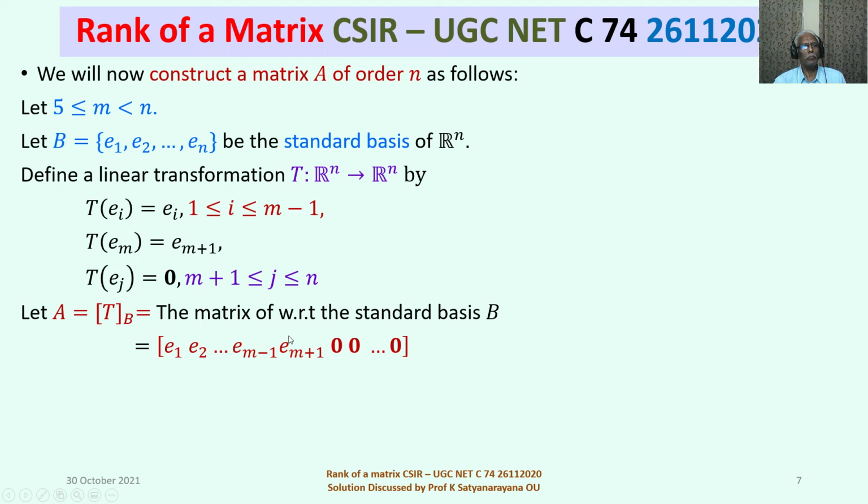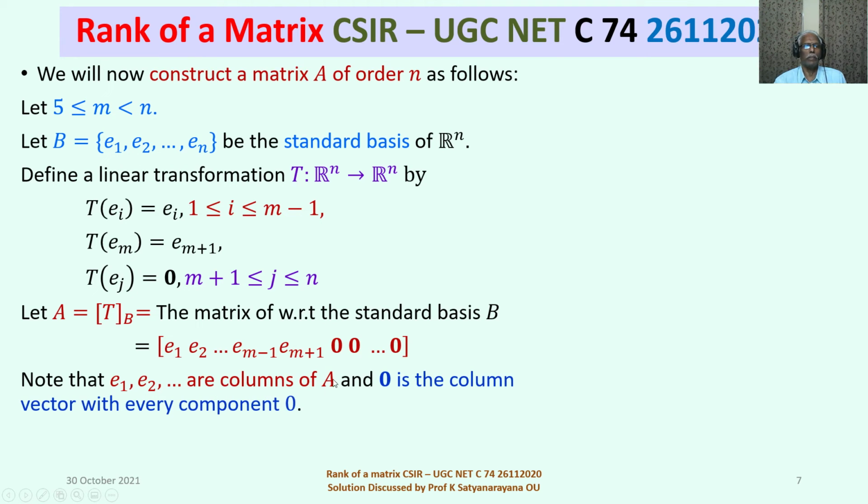So in the mth column we will have e_{m+1} and the remaining column vectors are 0. Note that e_1, e_2, ..., e_{m+1} are the columns of A, and the bold 0 is the column vector with every component 0.